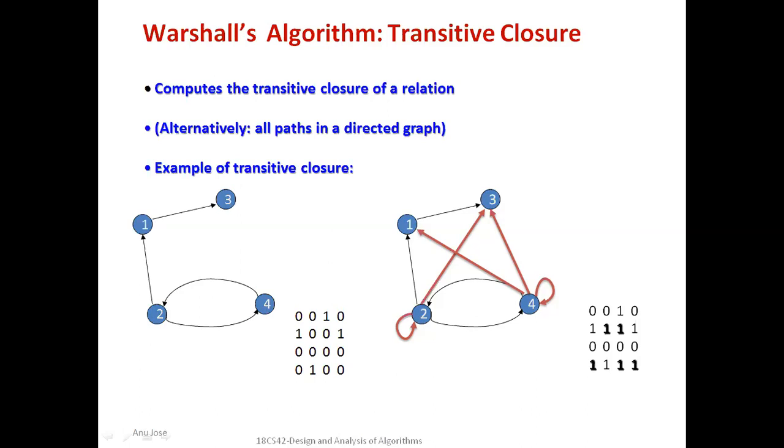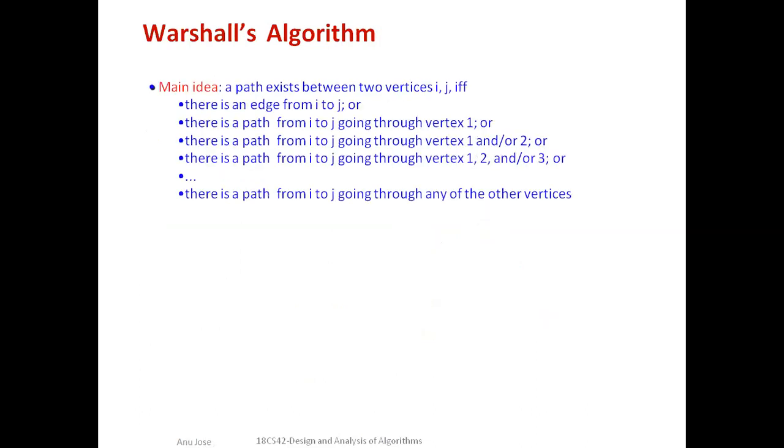We will see how Warshall's algorithm works. The main idea is, there is a path existing between i and j if and only if either there is a direct connection between i and j, or there is a path existing between i and j going through vertex 1, or a path going through vertex 1 and vertex 2, or only through vertex 2.